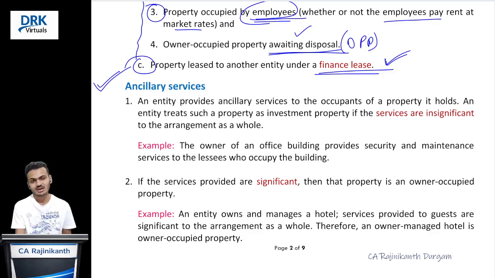Now you tell me, are those services significant or insignificant to that arrangement as a whole? They are significant. So in this case, we should treat that property as owner occupied property because that property is held for providing services to the guests, correct? So it is an owner occupied property.